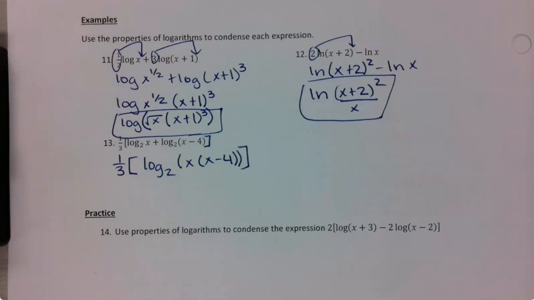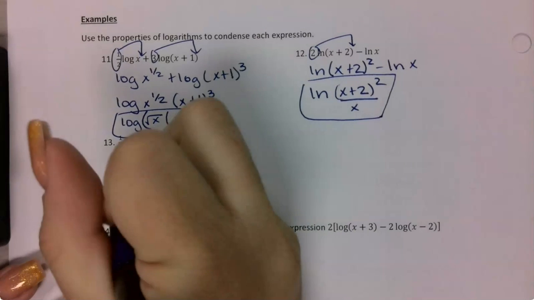Okay, then what should I do? I can leave it like that. But there's something else I can do. Yeah, I can move the 1/3 so it's an exponent now.